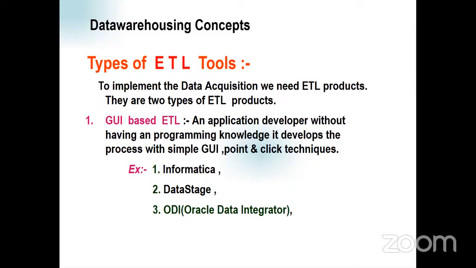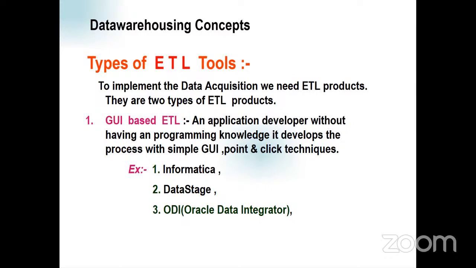The advantage of GUI-based tools is we can develop the code faster, so that we can save time. Automation always helps us move things faster, right? That is the reason GUI-based ETL tools help us do the coding by the tool itself.